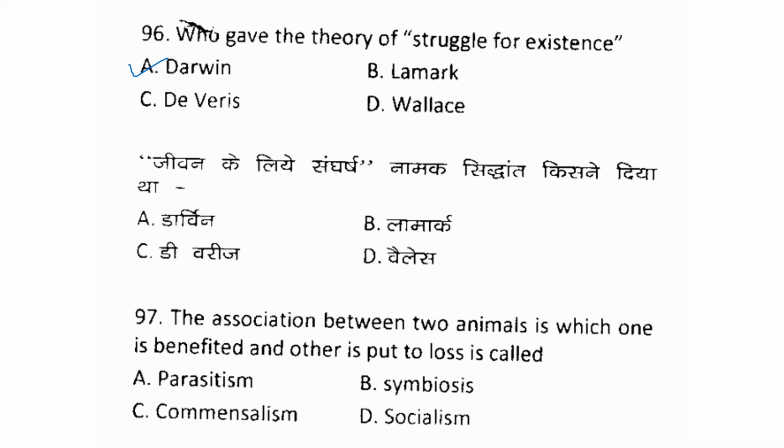Hugo de Vries gave the theory of mutation, and Lamarck gave the theory of inheritance of acquired characteristics.